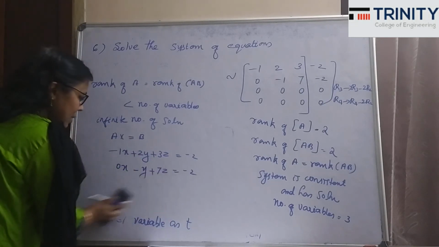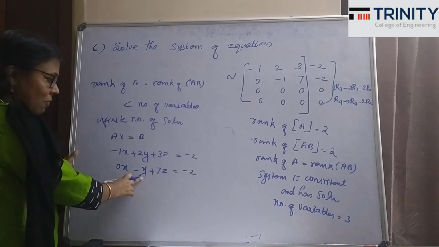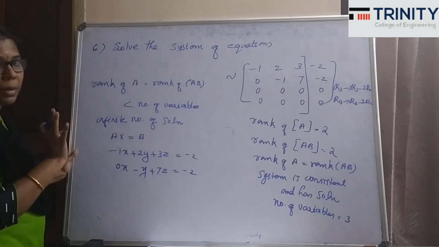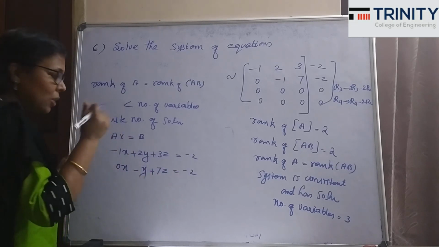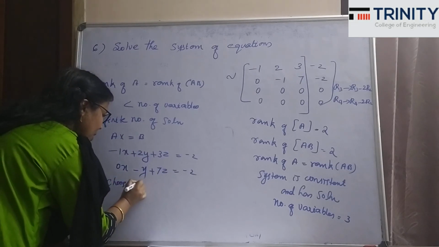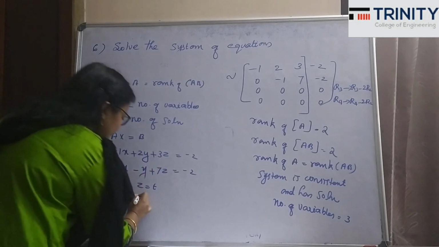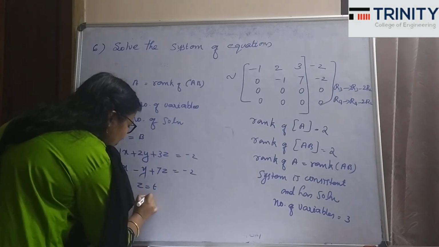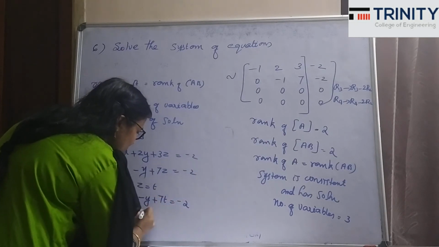From the second equation, we have to choose y equal to t or z equal to t. Here we are choosing z equal to t. Then minus y plus 7t equal to minus 2.